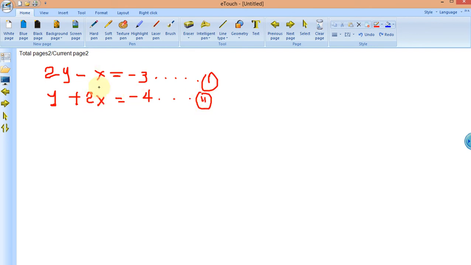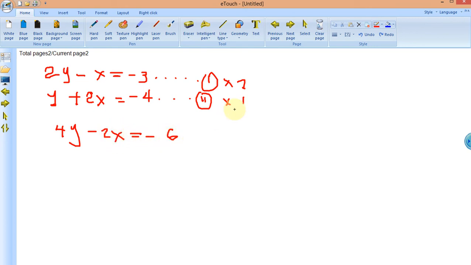Let me eliminate x. So to eliminate x, I'm going to multiply this one by 2 and I'll multiply this one by 1. So this will become 2y minus x, times 2, that is 4y minus 2x equals to minus 6.